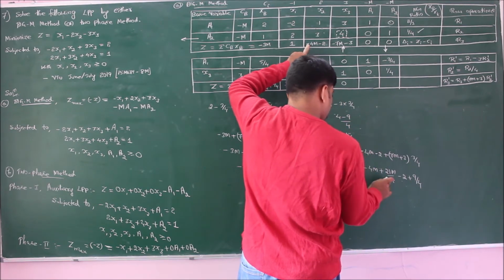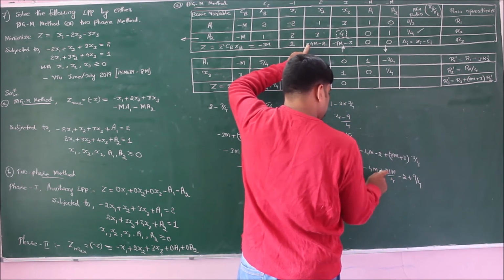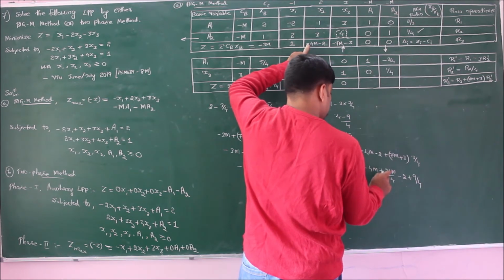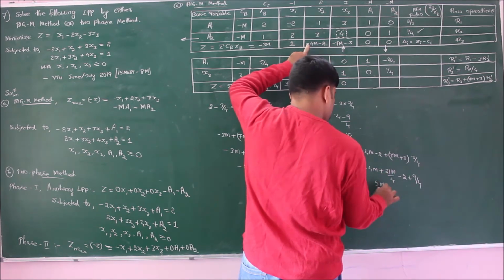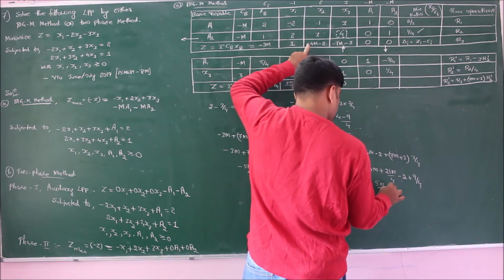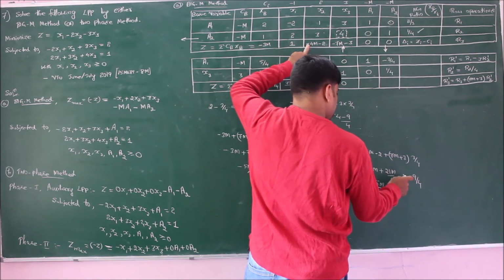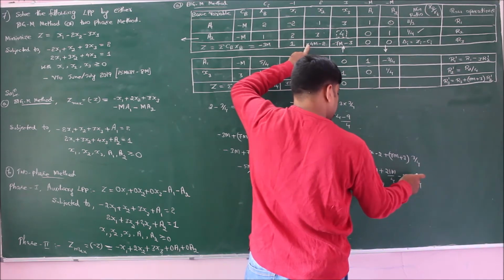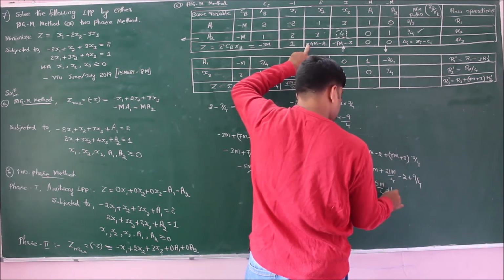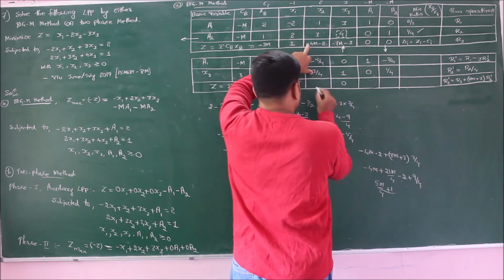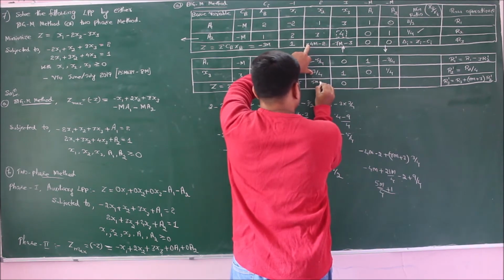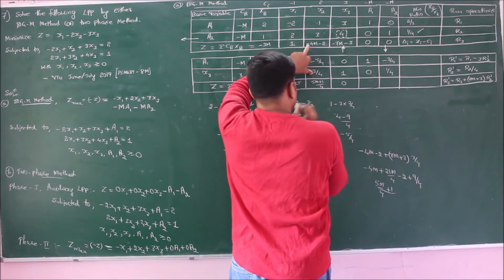So 4 4s are 16, minus 16 plus 21 is plus 5, so plus 5m by 4. Then minus 4 2s are 8, minus 8 plus 9 is plus 1. So 5m plus 1 by 4.